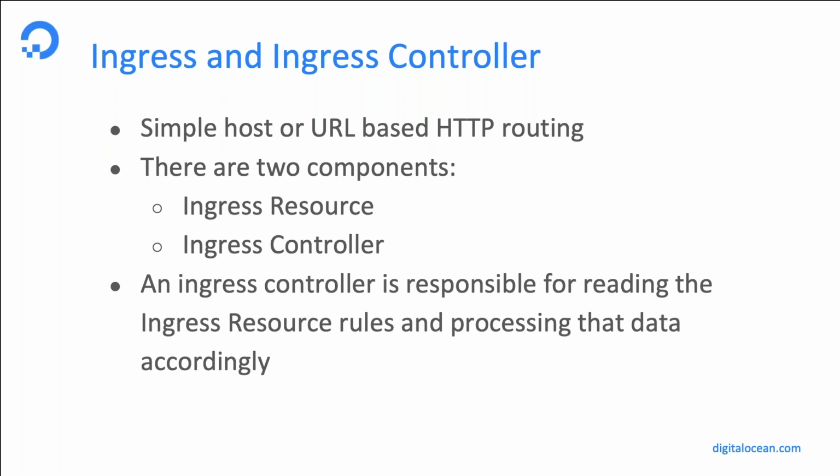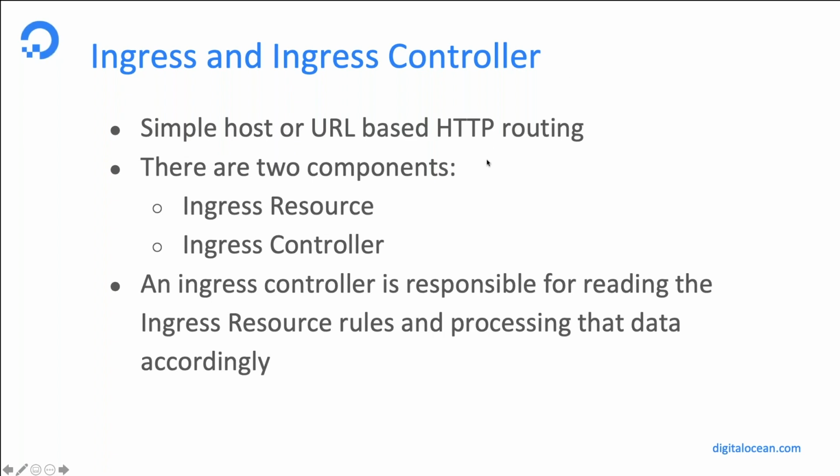So you can do simple host based routing, URL based routing, path based routing, a lot of things. In that Nginx Ingress setup, you have two resources. One is the Ingress resource, which will have all the rules, and the other is the Nginx controller, which is responsible for reading the rules and processing the data accordingly.